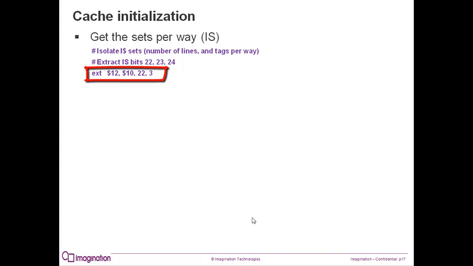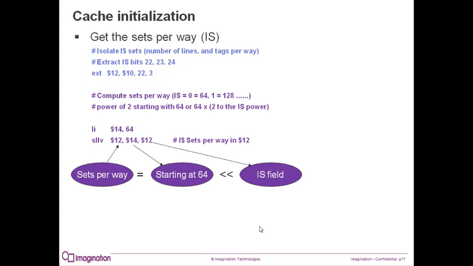Now the code extracts the number of sets per way from the value read from the config1 register that was stored in the general purpose register 10. It does this by using the extract instruction. The extracted value is converted to the actual number of sets per way by shifting 64 to the left by the extracted value.